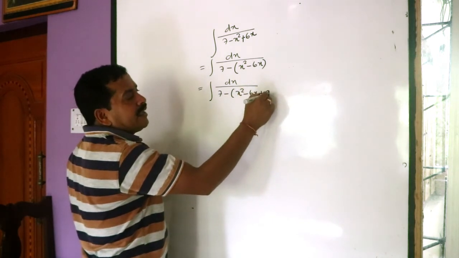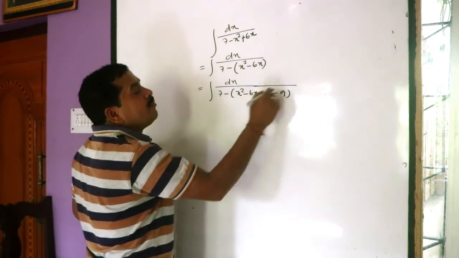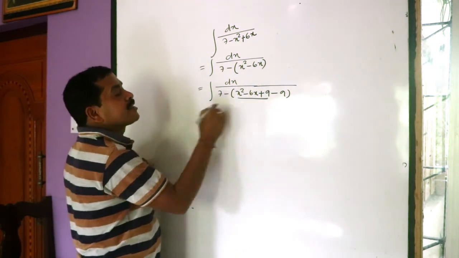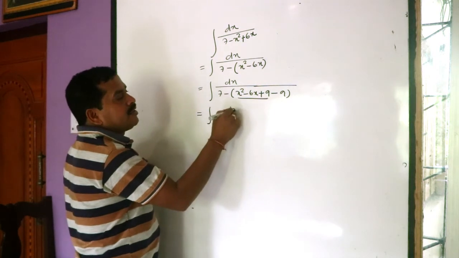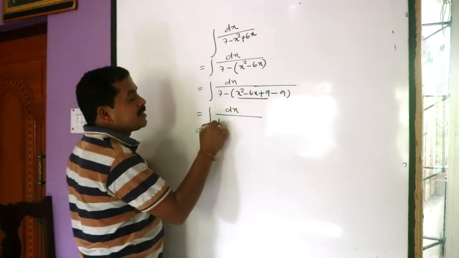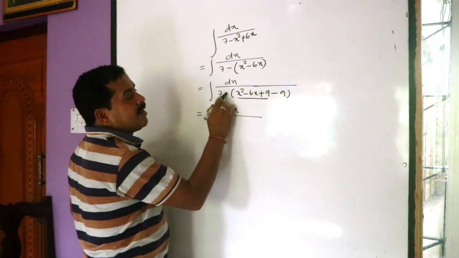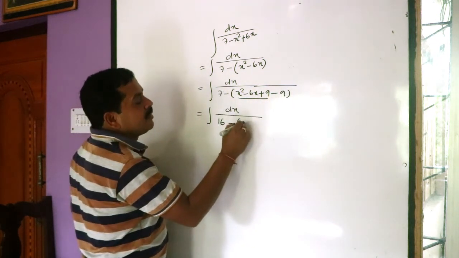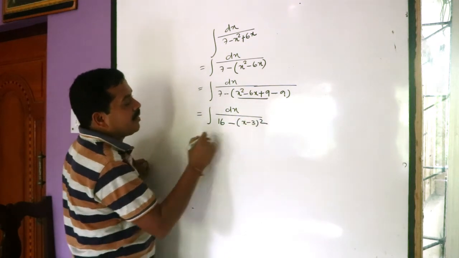You add 9 and subtract also 9, because this will be (x minus 3) whole square. That is equal to 7 plus 9, 16 minus (x minus 3) whole square.